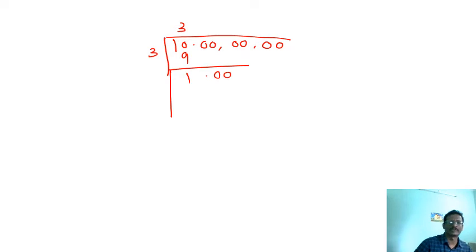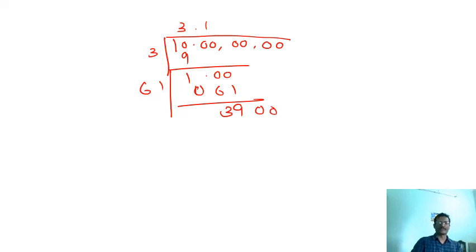Now 3 doubled is 6, so maximum you can write 61 only. 62 is more than 100, so it is 0. 61 means it is 39, again 20. Then 31, what is double? 62, maximum 6 only will come, 6 into 6 is 36.